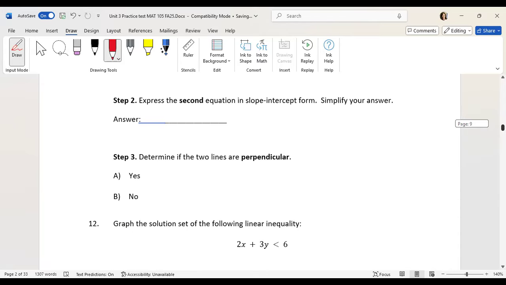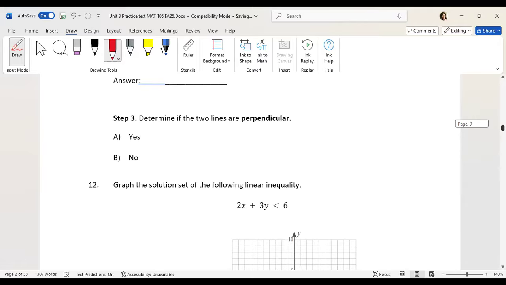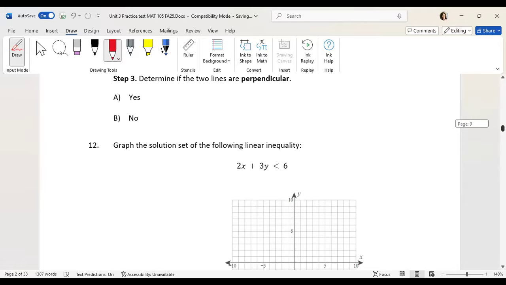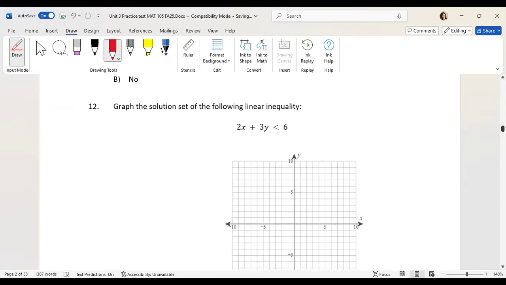Okay, graph the solution set of the following. Let's do some inequality. You can do it without a calculator, you can do it with a calculator, but it's important that you know how to do it without a calculator also. So this is an inequality, and we have to be careful now because we know any division by a negative sign changes the inequality.